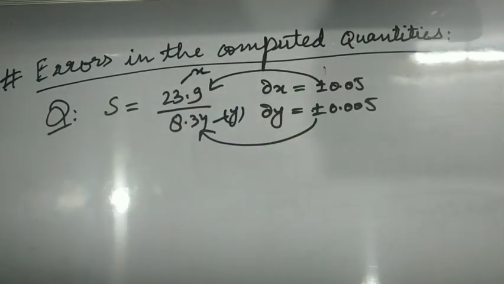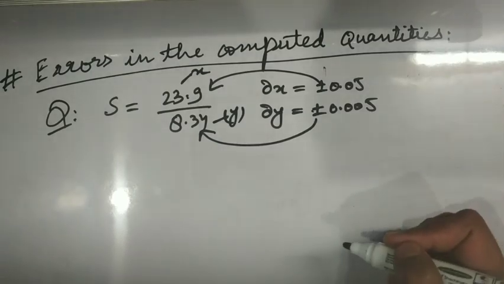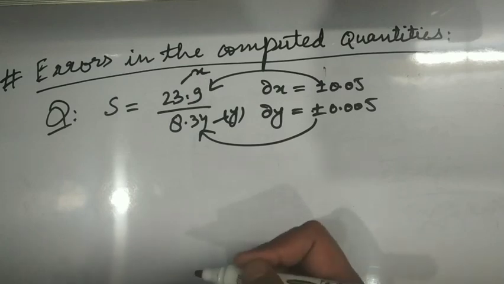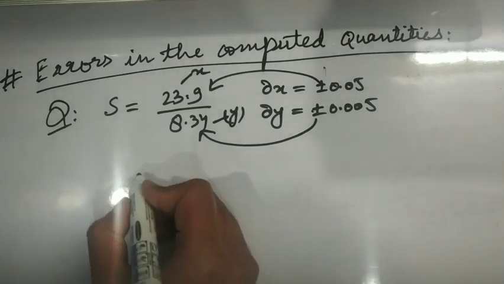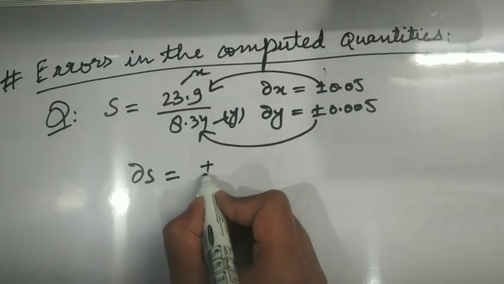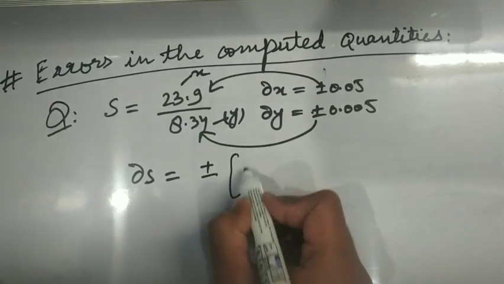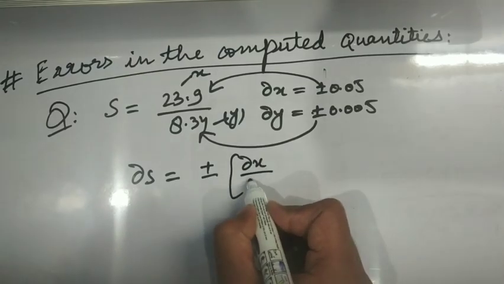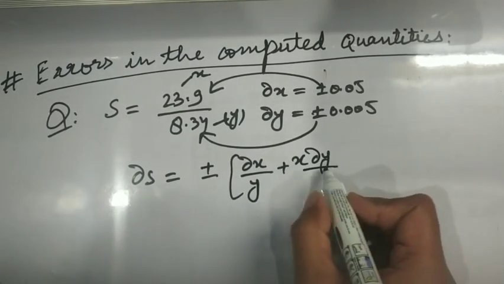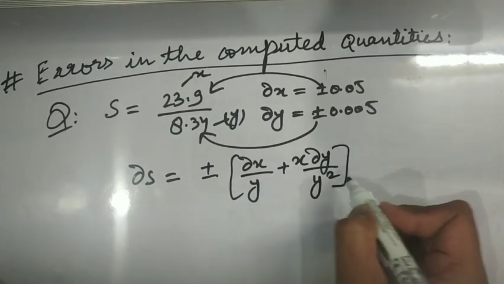So this is a division form, that is s is equal to x by y. For the value of maximum error, we can calculate dou s is equal to, the formula used will be plus minus dou x by y plus x times dou y by y square.